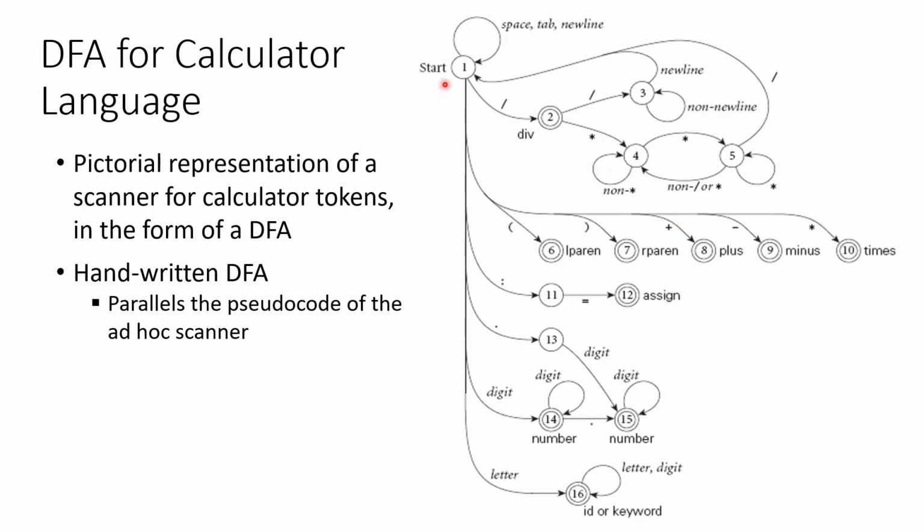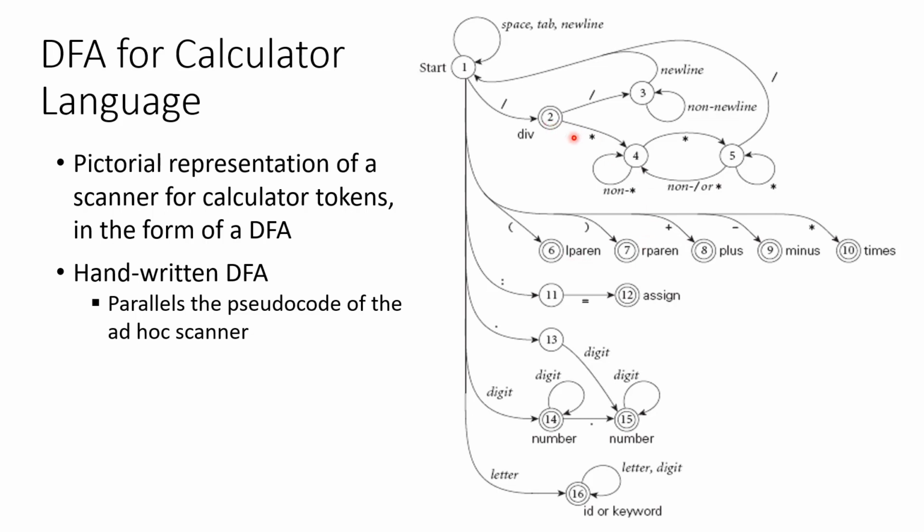Scanning for each token begins with the start state, which is state 1. The final states in which a token is recognized are indicated by double circles. So here we also write the name of the token next to the corresponding final state.